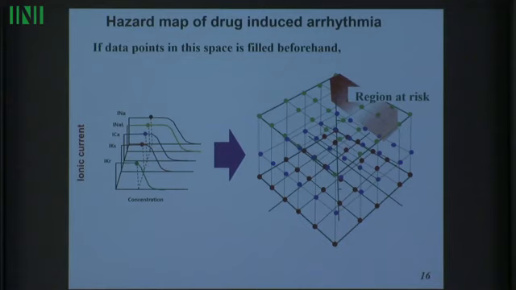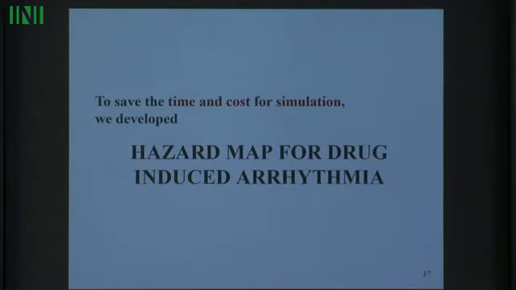Just based on the pharmacological data, connecting the existing data points, we can have a drug effect trajectory representing a drug effect in the space and assess the risk. So that is our motivation to create a hazard map for drug-induced arrhythmias.